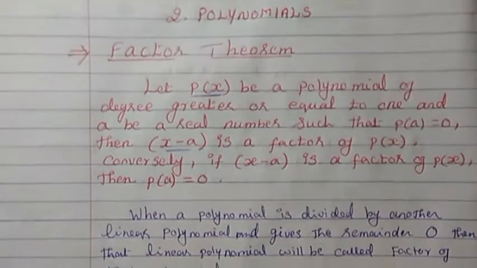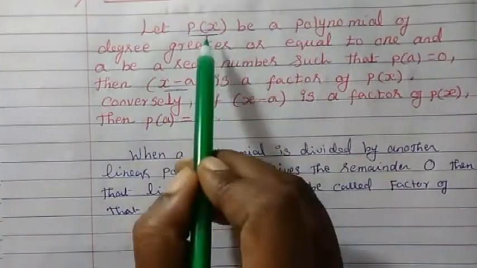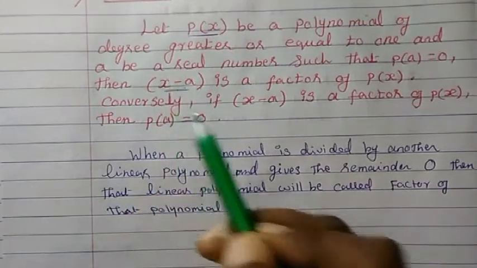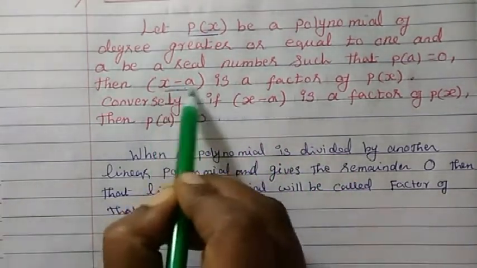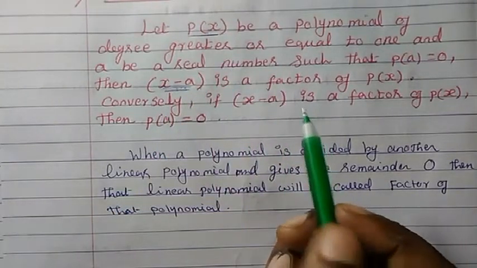I hope you are understanding. See, when a polynomial p of x is some polynomial, when that polynomial is divided by a linear polynomial and the remainder we get is 0, then that linear polynomial we call it factor of this polynomial.